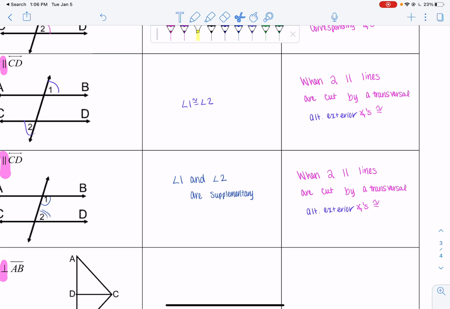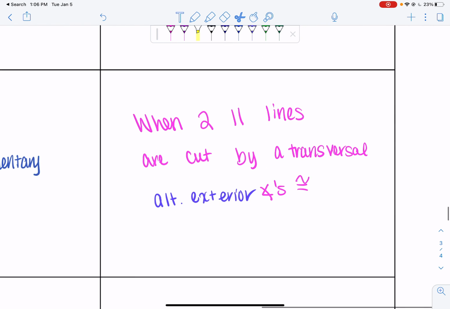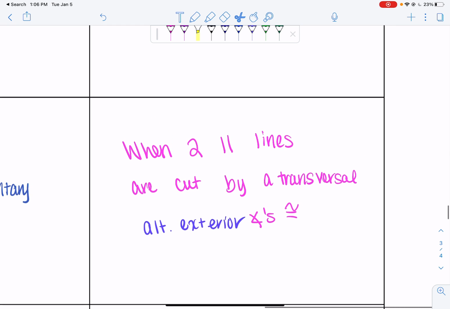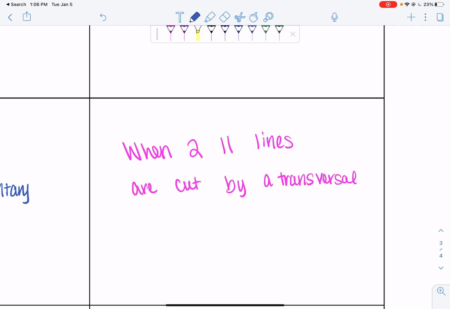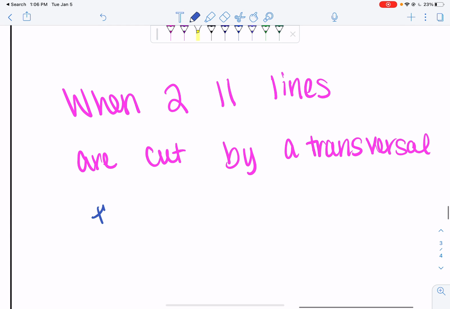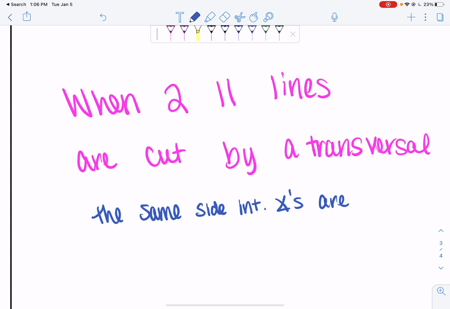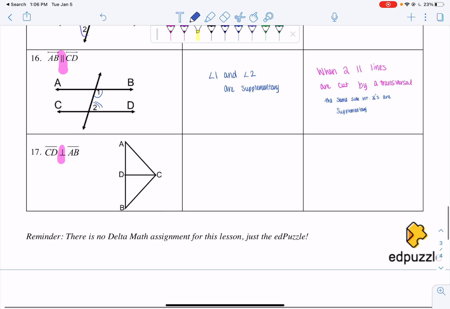When two parallel lines are cut by a transversal, the same side interior angles are supplementary. Remember, angles on the same line that are supplementary add up to 180.